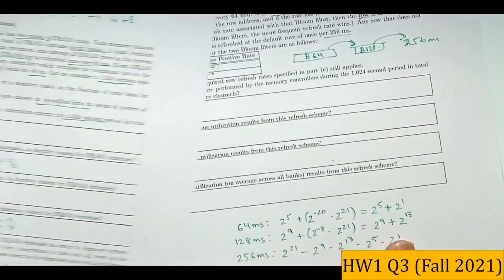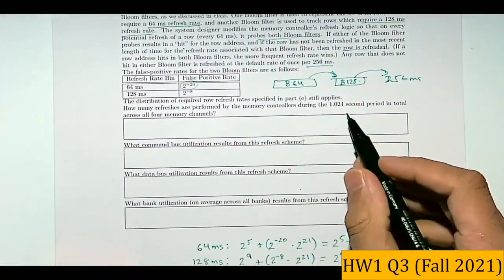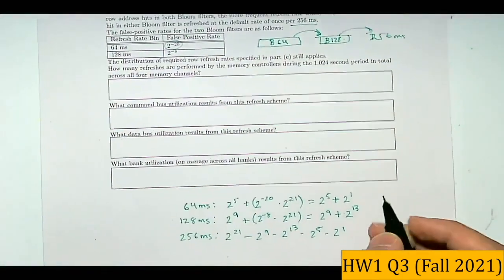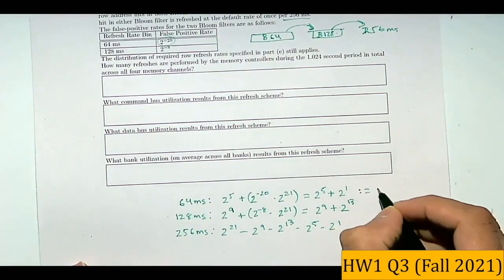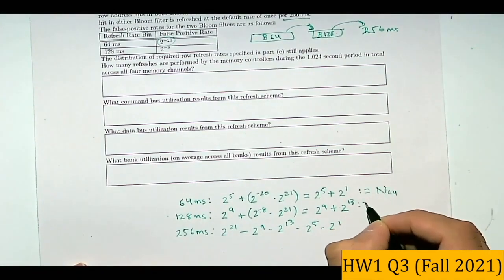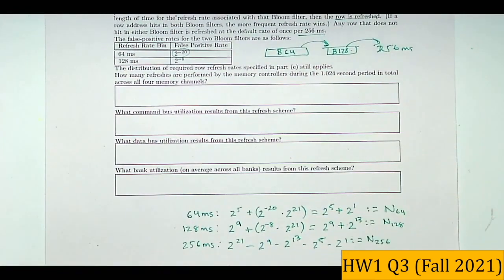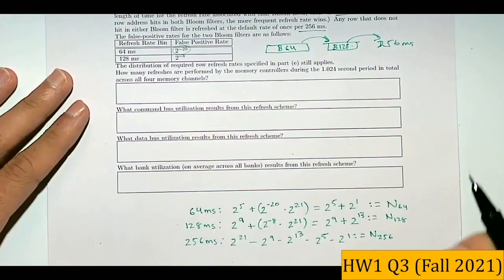Now we do the same thing as before, except instead of these values as a number of rows, we have these values. And again, for simplicity, I'm going to define this as N64, this as N128, and this as N256, just to save some time. We compute the number of refreshes using the same values as before.